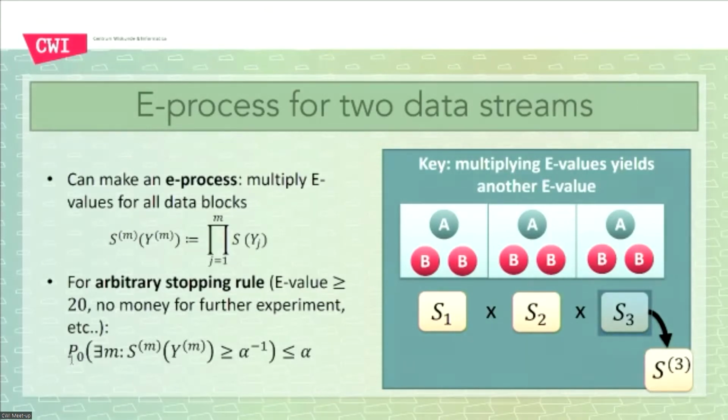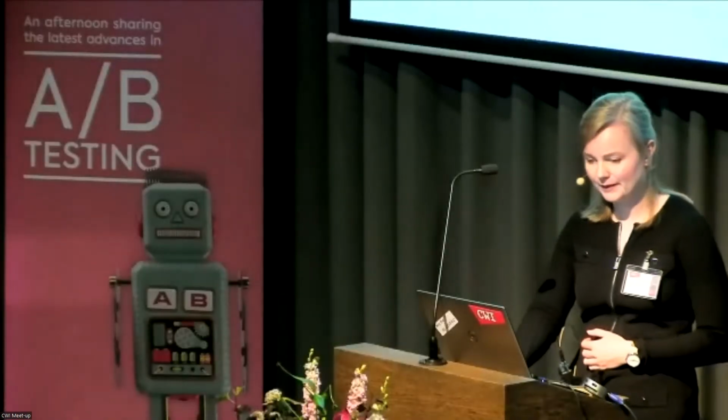So under the null hypothesis, the probability that there is any moment in the data stream at which I reject my null hypothesis is bounded by our type 1 error. Okay, that's very nice. We have now tackled the sequential aspect, or the optional stopping aspect, of our problem.